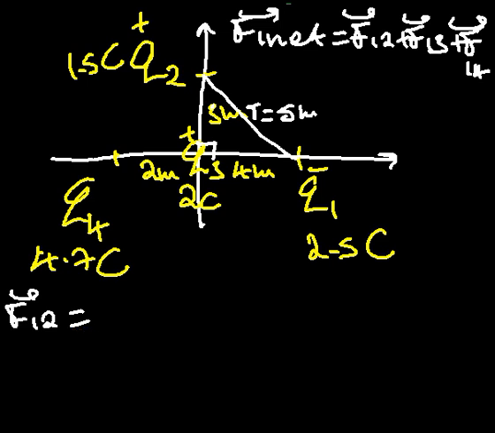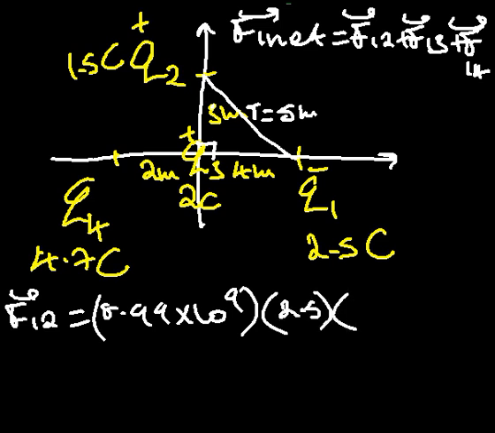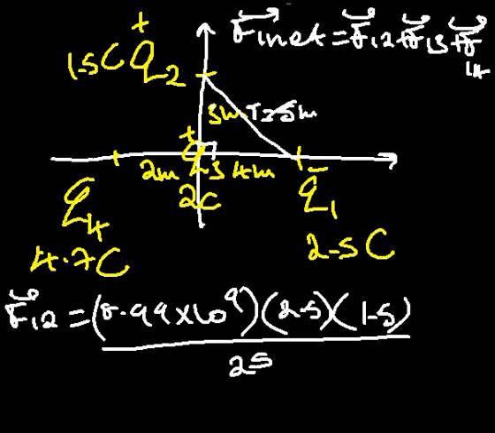And then we are going to calculate F12. We have it as 8.99 times 10 to the power positive 9. And what is charge 1? We have it as 2.5. And what is charge 2? We have it as 1.5, divided by 25, since this is 5 meters, to the power 2 is 25.